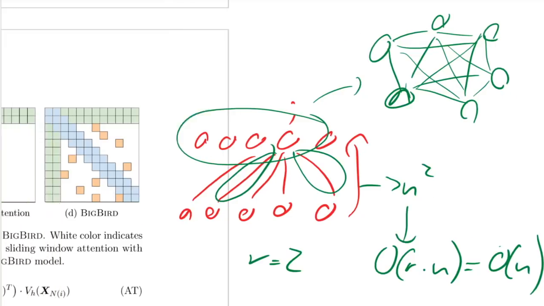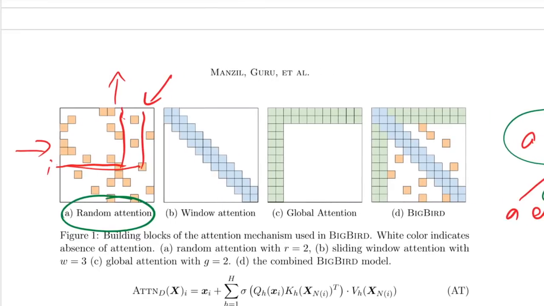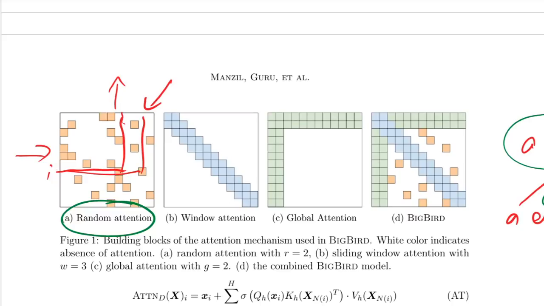But the rest of the paper is sort of shaky on this. But nevertheless, you can see how the random attention can, if you have enough layers, do the same information routing as the full attention.